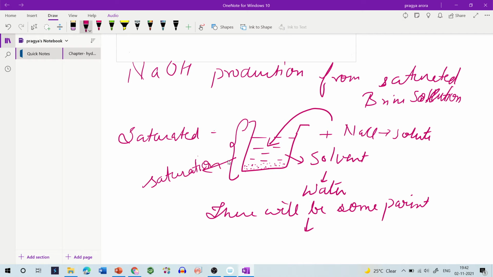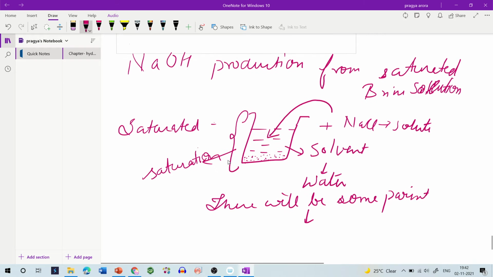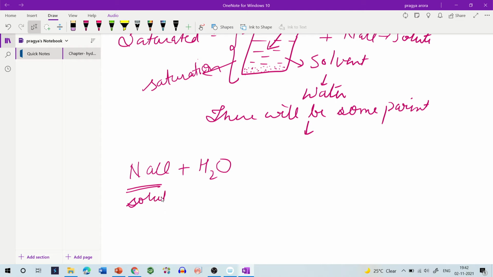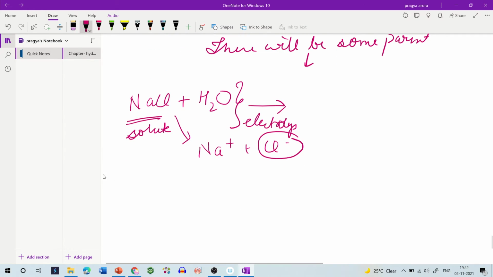So when electrolysis is done for the saturated brine solution, that means there is excess of sodium chloride in water, excess of the solute in water. When electrolysis of this saturated solution is done, it has been observed that the sodium chloride, which contains Na plus and Cl minus ions, the Cl minus ions actually undergo oxidation. Two such Cl minus ions convert into Cl2 gas plus 2 electrons.